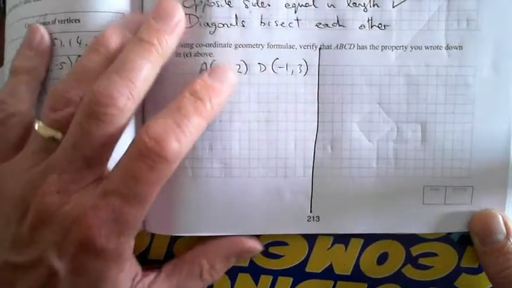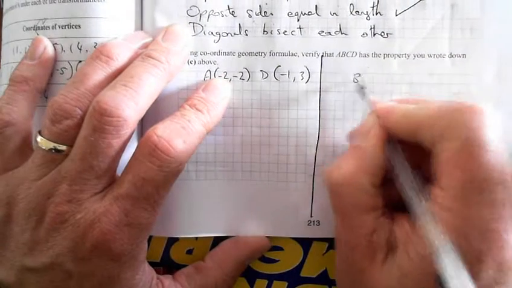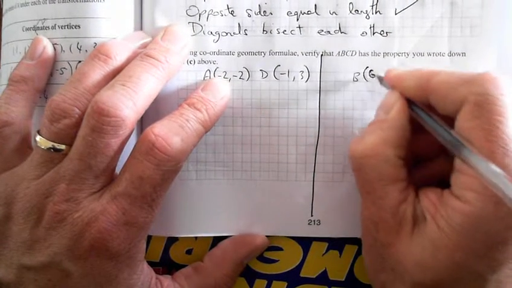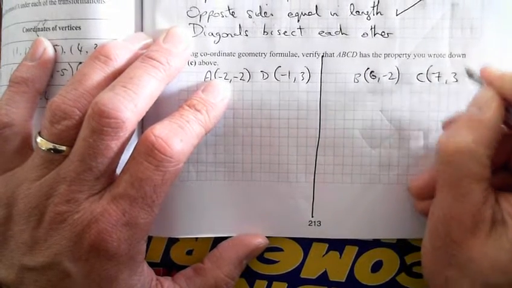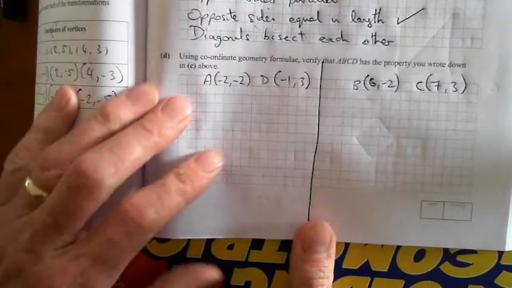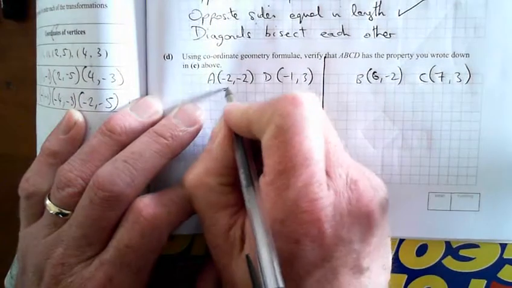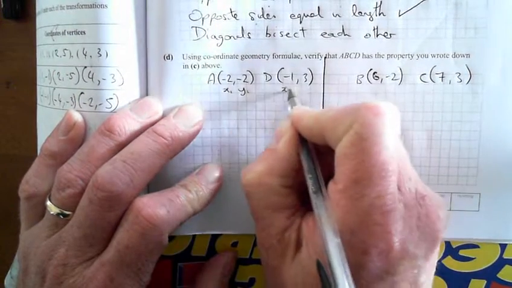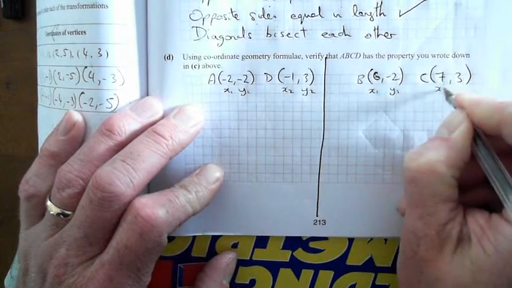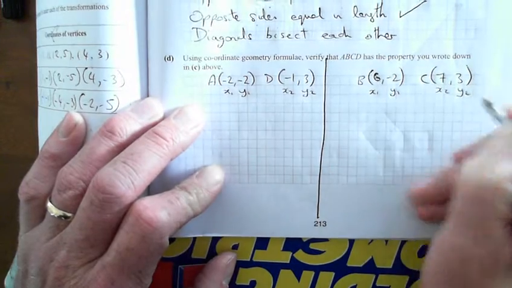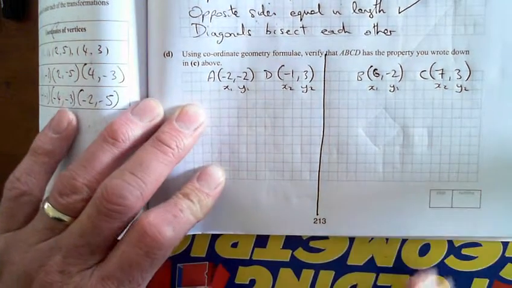So B is 6, -2, and C is 7, 3. First thing you do is mark them, both of them, x1, y1, x2, y2. And if you've done that, already you've passed the question.